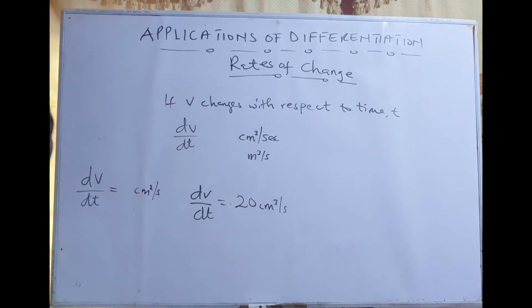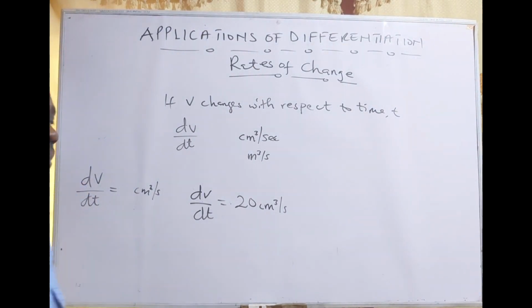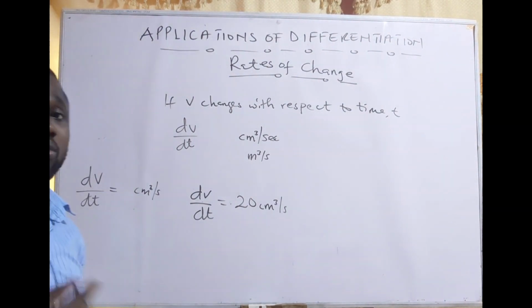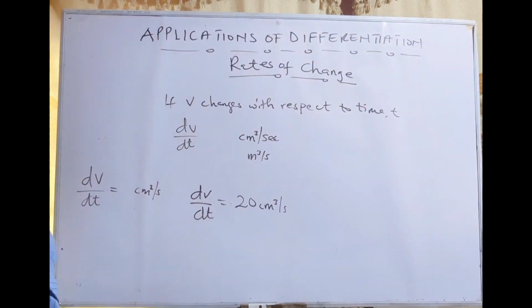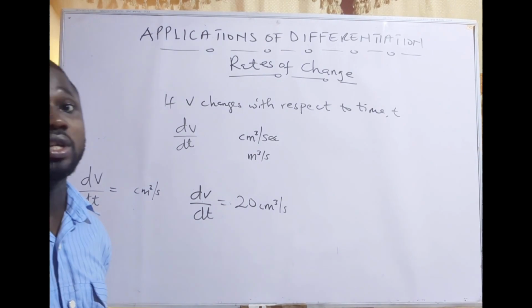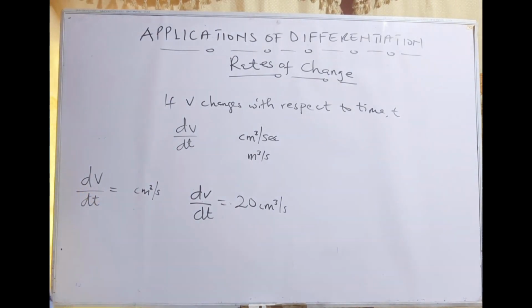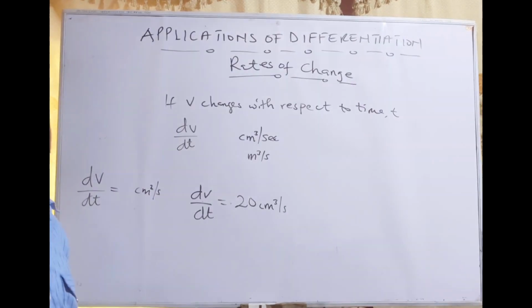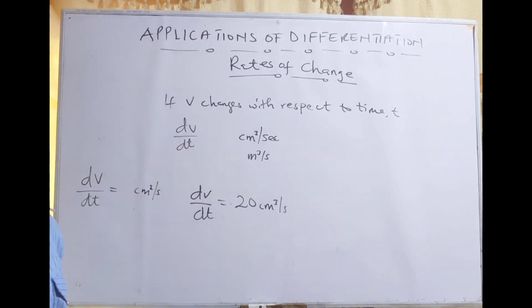You can be given the volume with respect to time, and be asked to find the radius also with respect to the same time. At what rate is the radius going to increase if the volume is increasing at a certain rate per second?